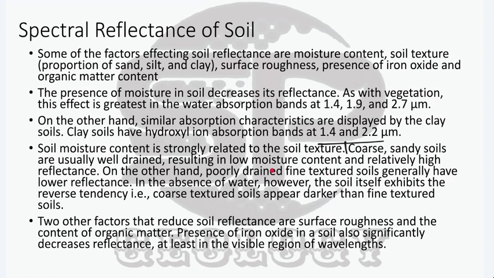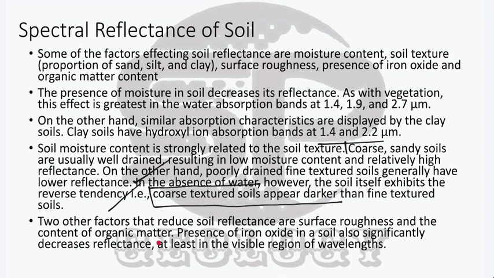But if we are considering only the dried version, coarse and fine grain, then see. On the other hand, poorly drained fine texture soils have lower reflectance. In the absence of water, the soil itself exhibits the reversed energy. That is, coarse texture soils appear darker.